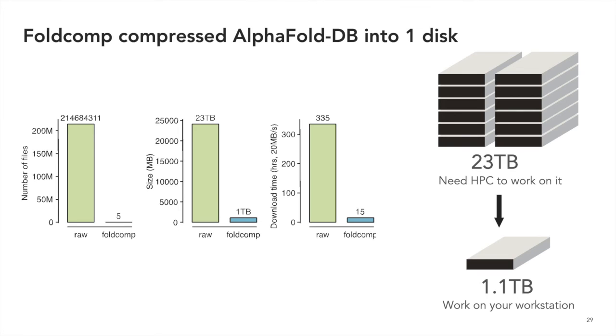So Foldcomp could compress the AlphaFold database into just one hard disk. The raw size of the AlphaFold database was 23 terabytes, as mentioned, and it needs HPC to work on it, but we could compress it into 1.1 terabytes and it's available on your workstation.